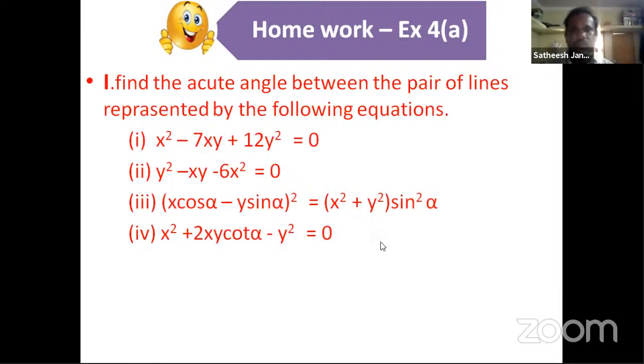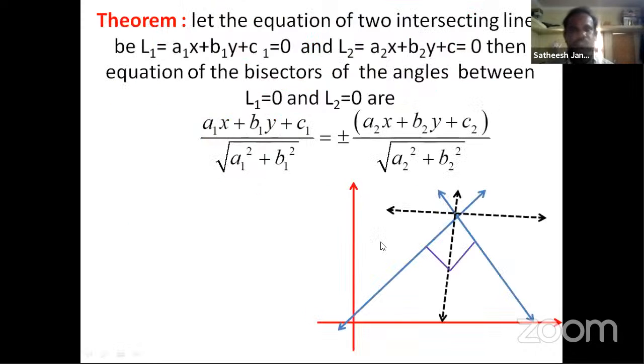Now coming to the next problem, next theorem. Let the equations of 2 intersecting lines be L1: a1x plus b1y plus c1 is equal to 0 and L2: a2x plus b2y plus c2 is equal to 0.